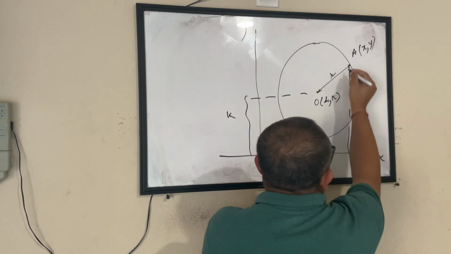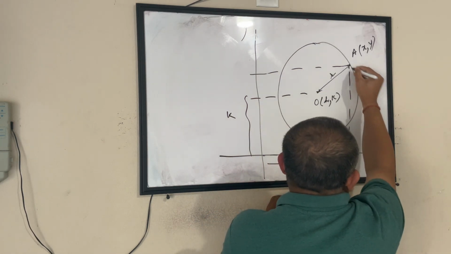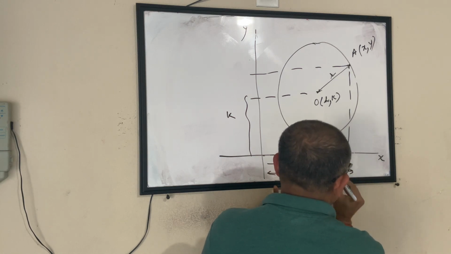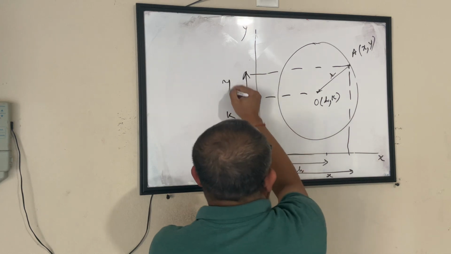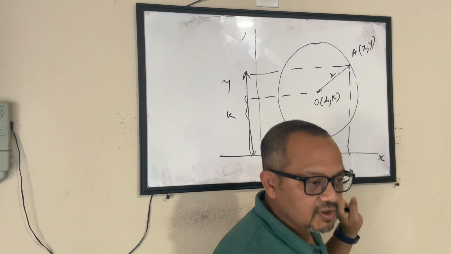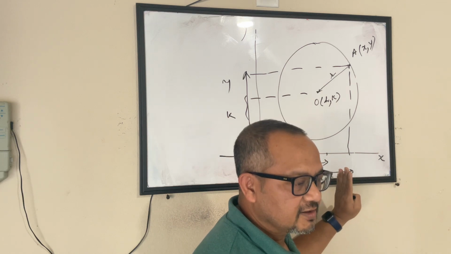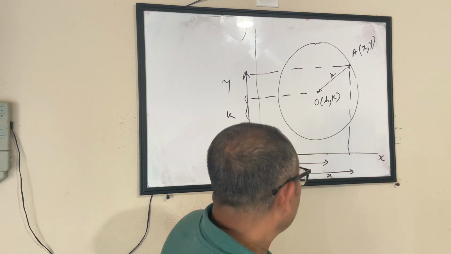If you draw perpendiculars from this point onto the x and y axes, this distance is x, and this distance is y. So far so good, nothing complicated.